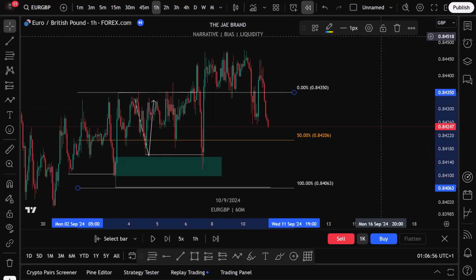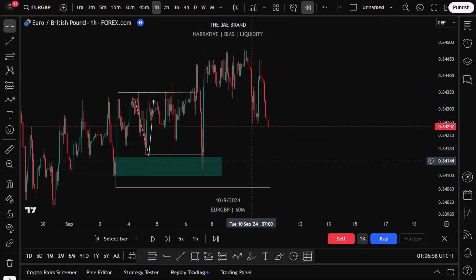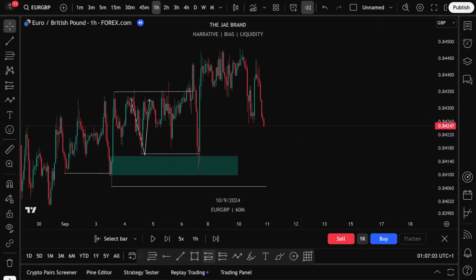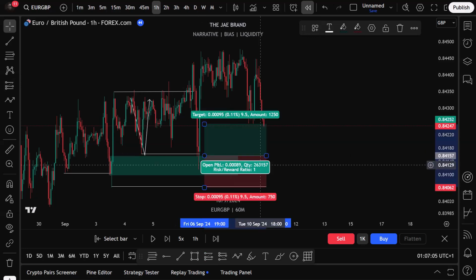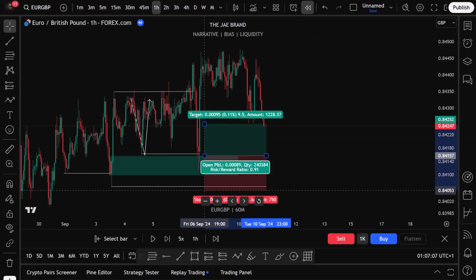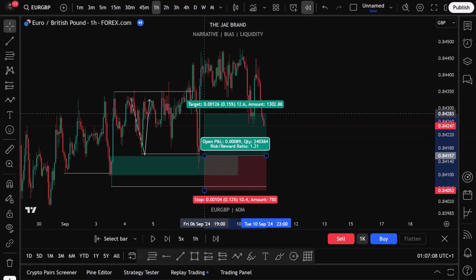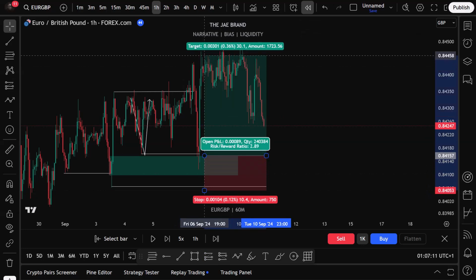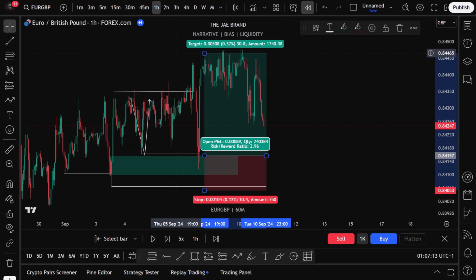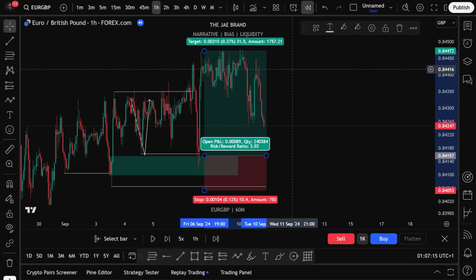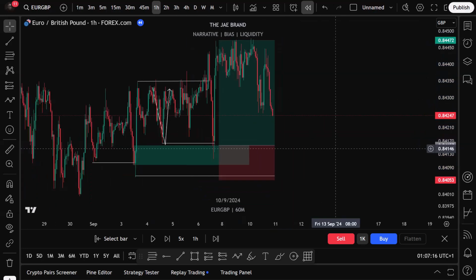So after you have validated your structural liquidity, just simply take your fib tool, a little bit below your protected area, target 1 to 3, right there.